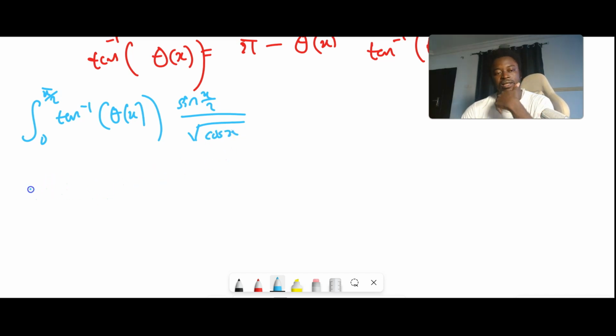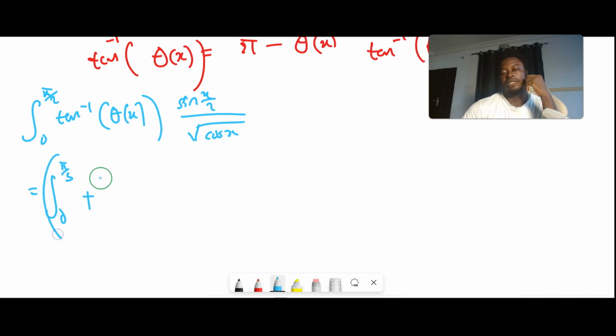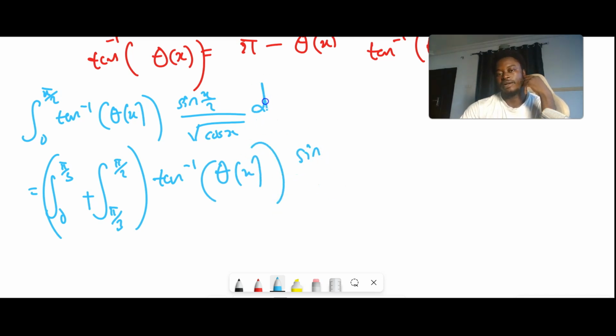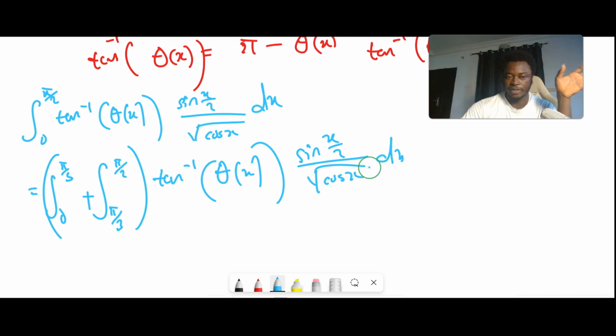So this would equal, first half, the integral from 0 to pi over 3 plus the integral from pi over 3 to pi over 2 of tan inverse of theta of x times sine of x over 2, all divided by square root of cosine of x dx.